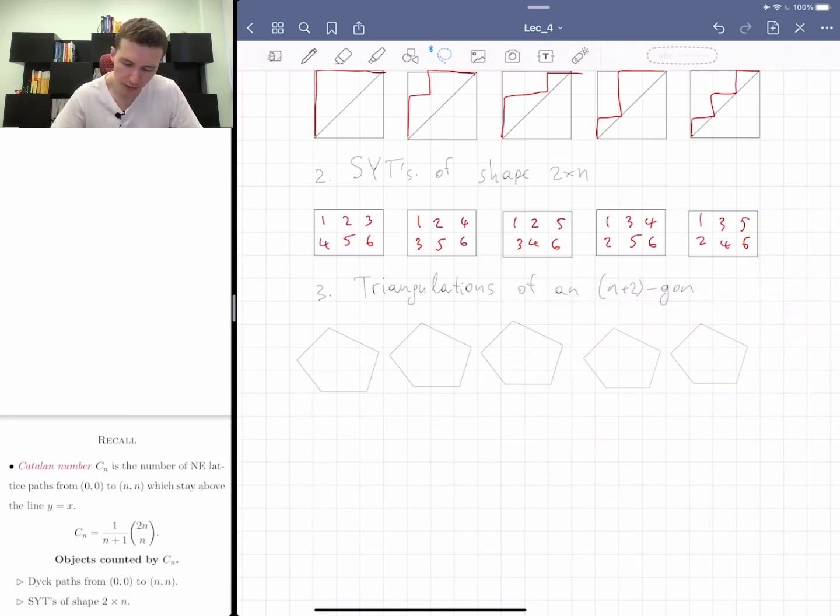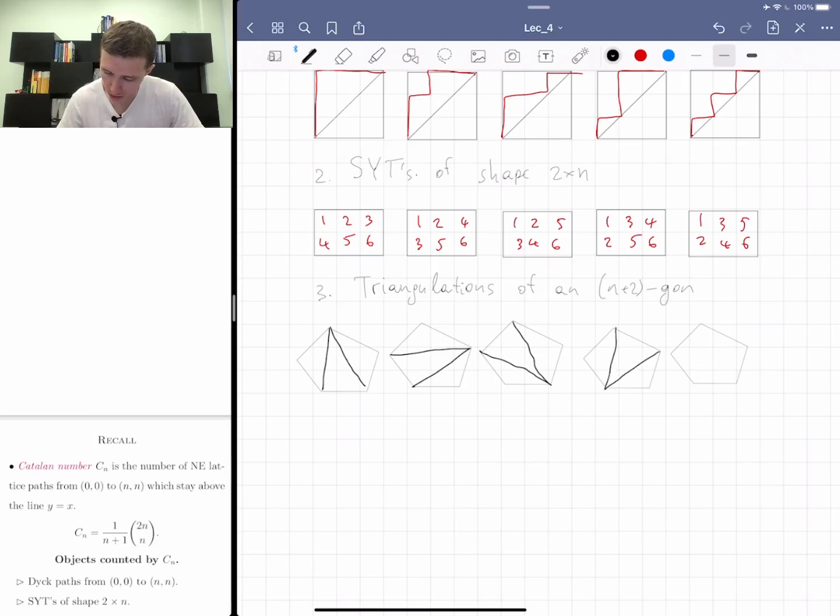Here are 5 pentagons. How do I subdivide a pentagon into triangles? Here is one way. The vertices of the triangles have to be a subset of the vertices of each pentagon. There's only one triangulation type, which I can rotate, and I get all possible triangulations of a pentagon.